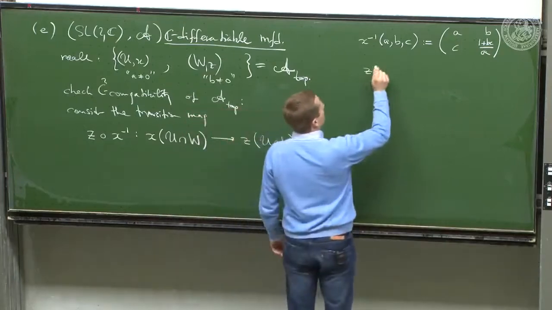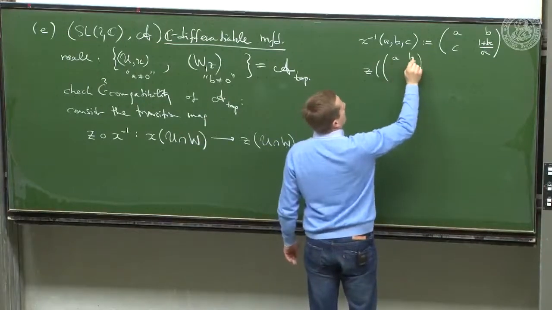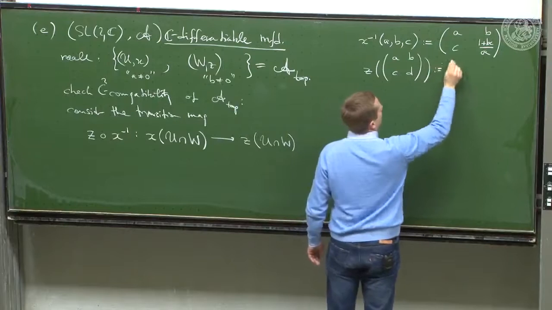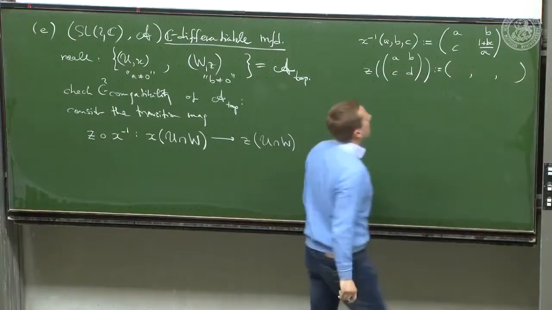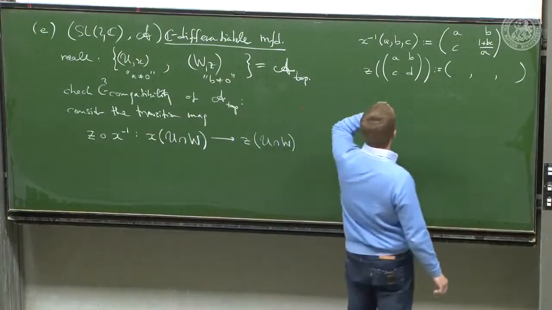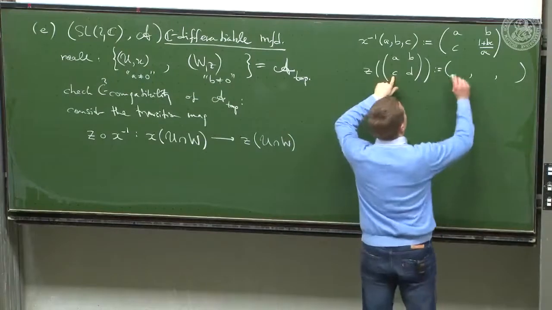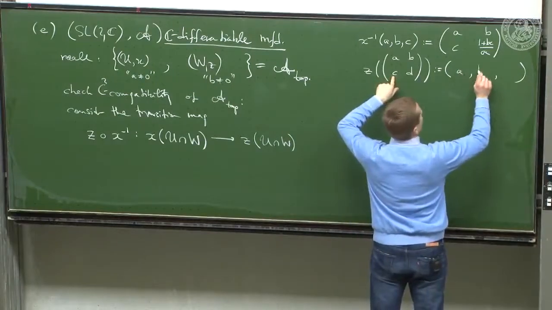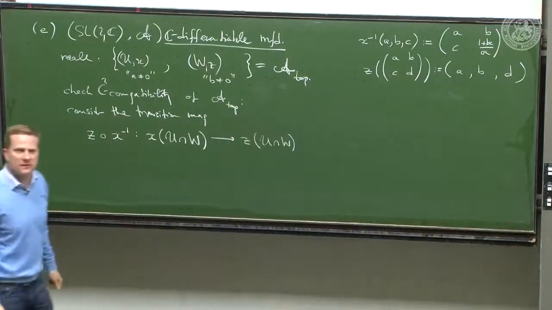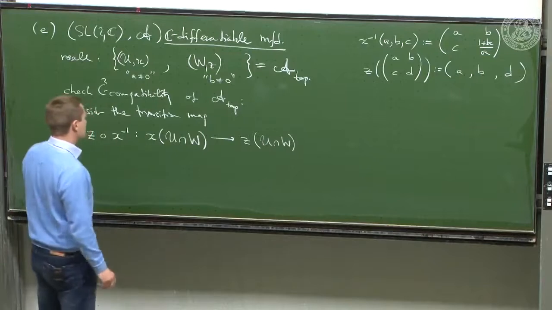And the Z map goes in the opposite direction: it took an element ABCD in SL2C and mapped it to the coordinate triple where B was non-zero, that is, I could reconstruct the C. So it went to A, B, D. Is that what we wrote down? Yeah, okay, thank you.